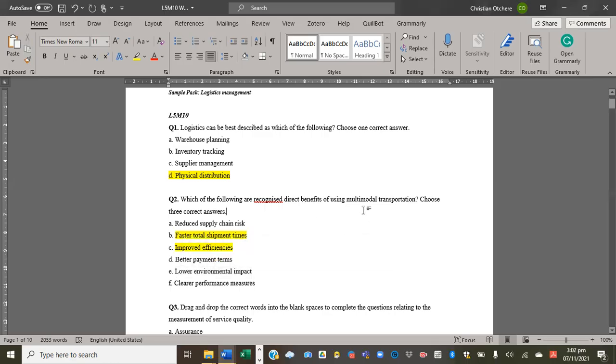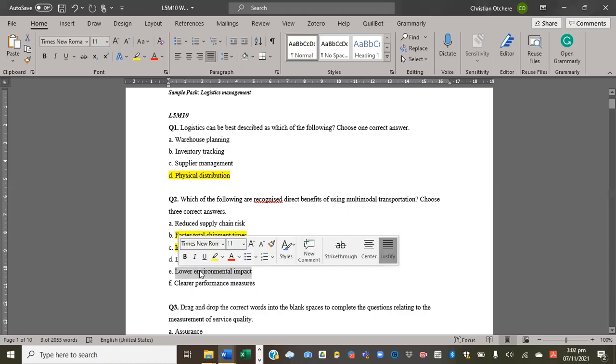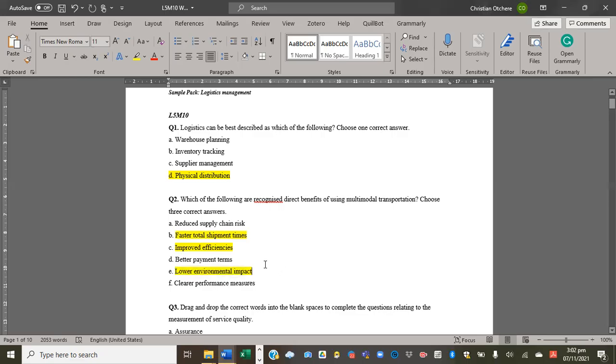So those who manage multimodal transportation are very aware of the impact of transportation on the environment, so they try to lower it. And that is a direct benefit. Your environmental impact is minimized.